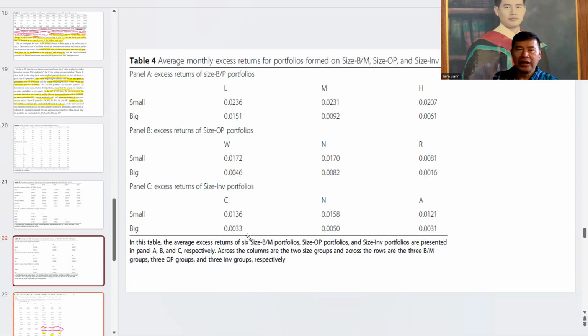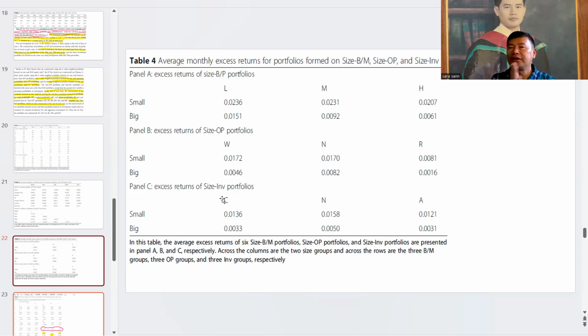Okay, so in conclusion, no matter whether size to book to market ratio, size to return on equity, or size to return on investment, the best selecting choice focuses on small size. No matter whether small size to book to market ratio, small size to return on equity, or small size to return on investment.